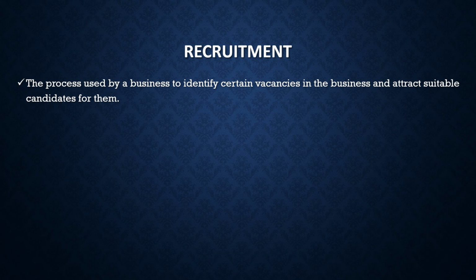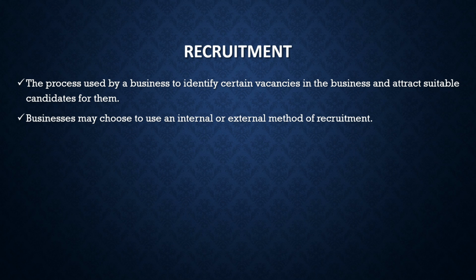So recruitment is the process used by a business to identify certain vacancies in the business and to attract suitable candidates for them. A business may choose to use an internal or external method of recruitment. So we said that when a business is hiring from inside the business, it's called an internal recruitment.